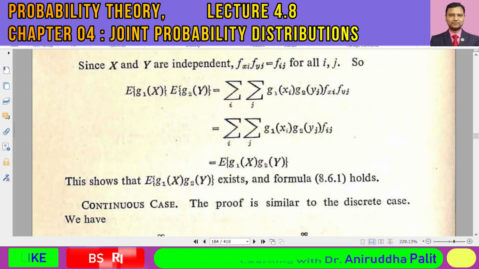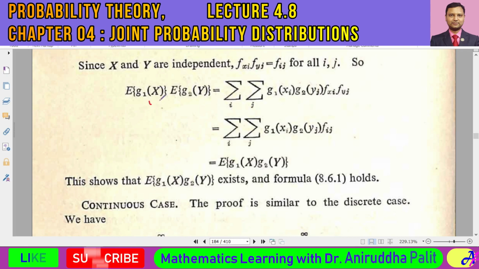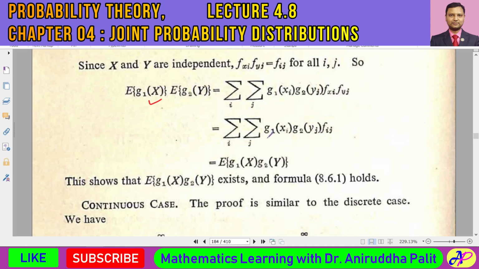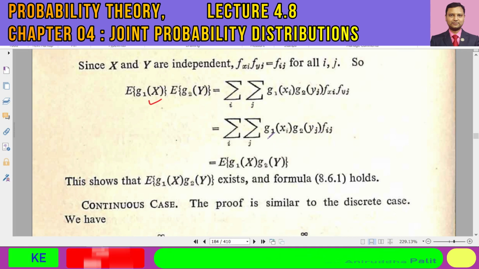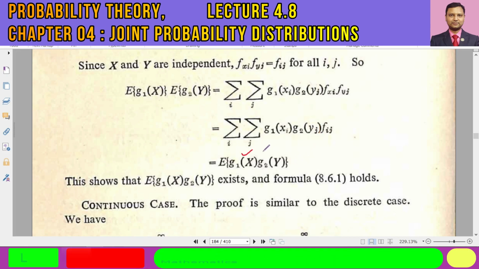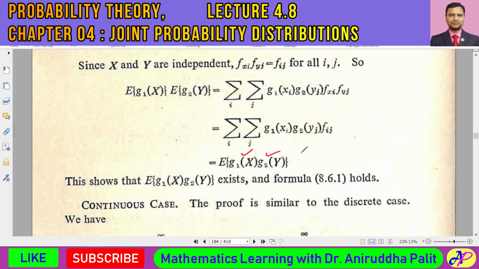So we actually have this type of result, expectation of g1(x) multiplied by expectation of g2(y) is equal to the double summation of g1(xi) multiplied by g2(yj) multiplied by this f(xi, yj), and that is equal to the expectation of g1(x) g2(y).